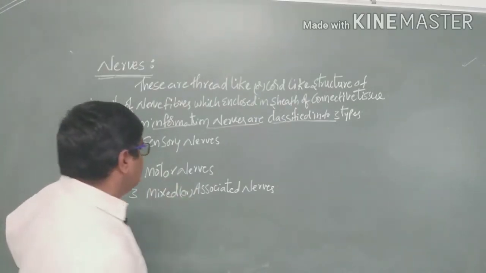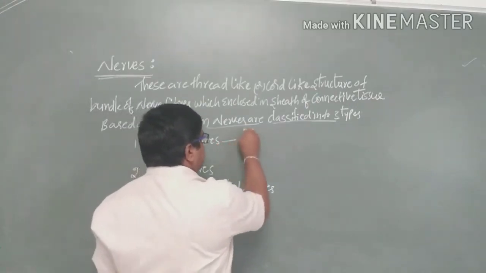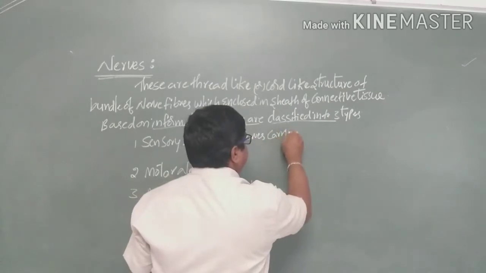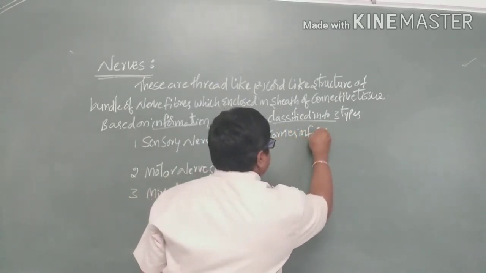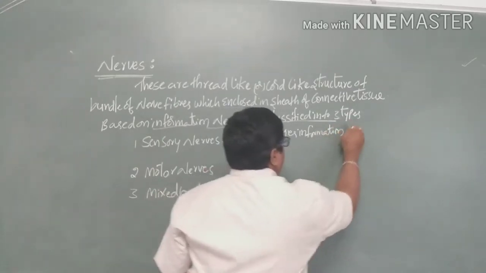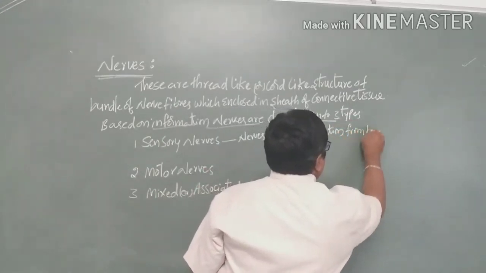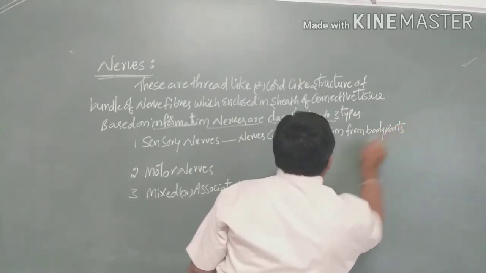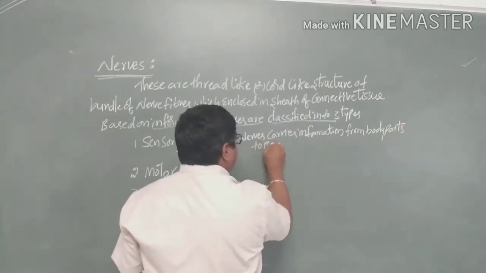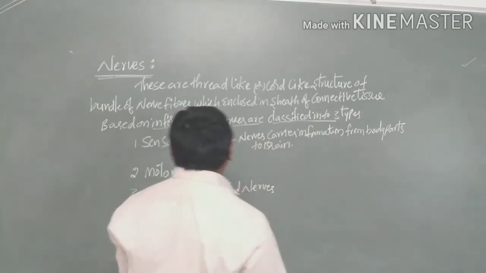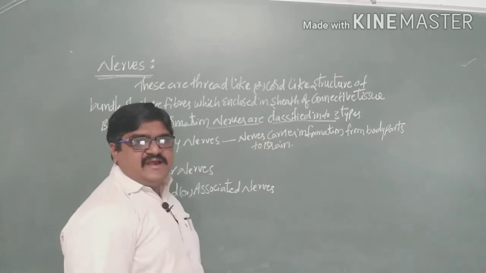Sensory nerves are the nerves which carry information from body parts to the brain. Such nerves are called sensory nerves.